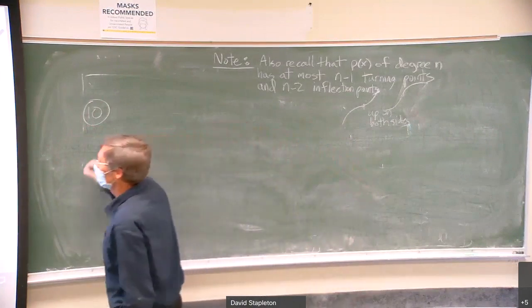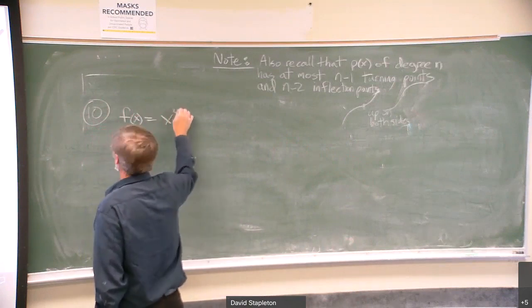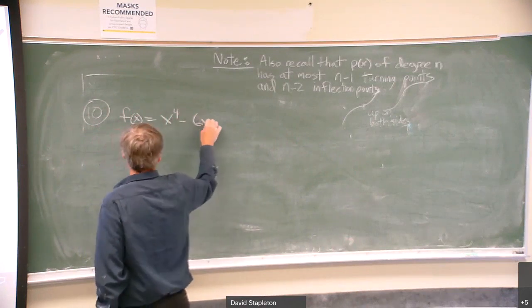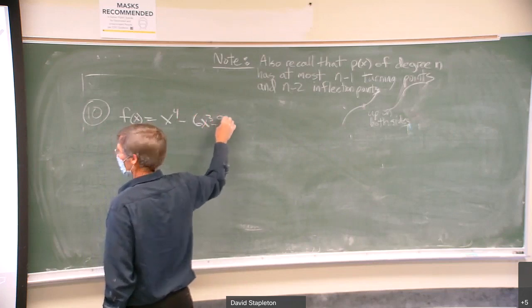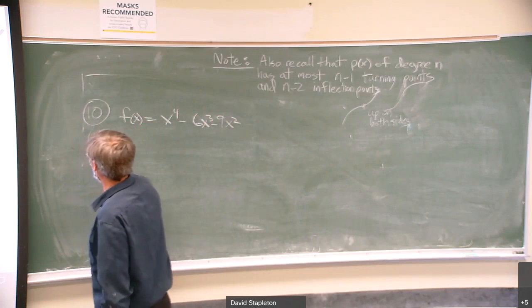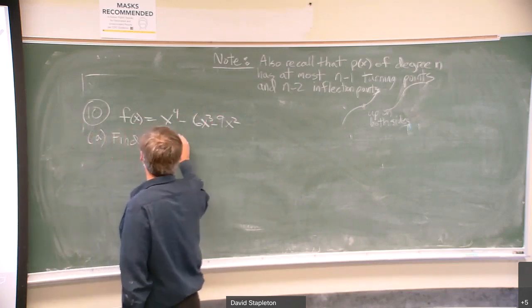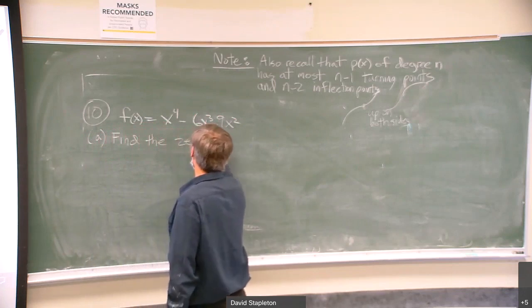Example number 10. Suppose I take f of x equals minus x to the 4th minus 6x cubed minus 9x squared. 1, find the zeros by factoring.